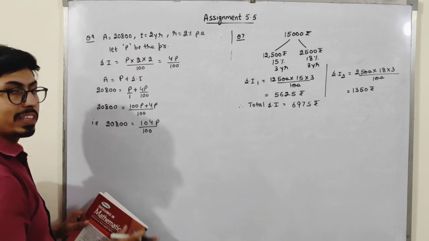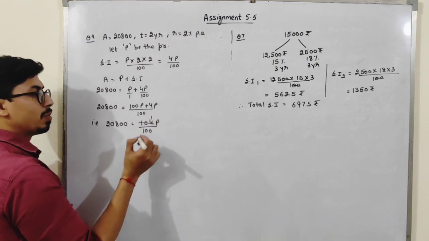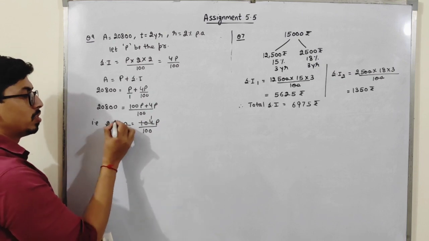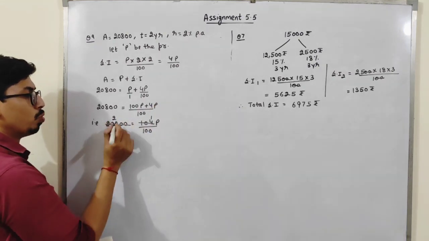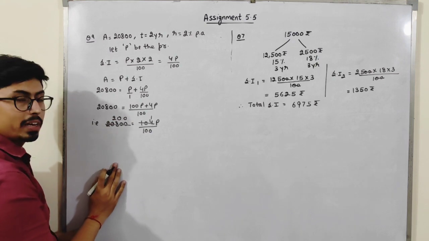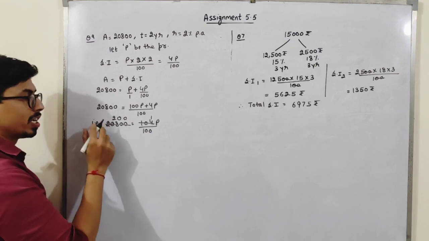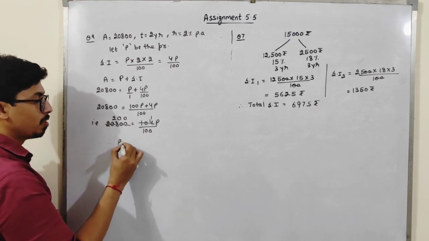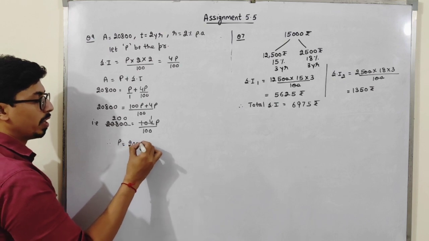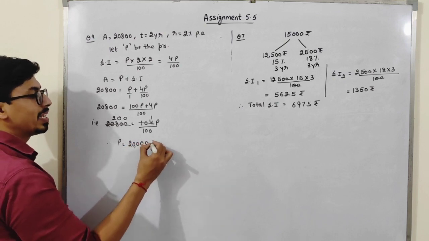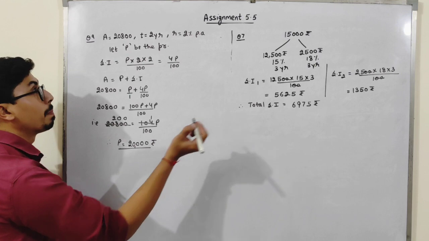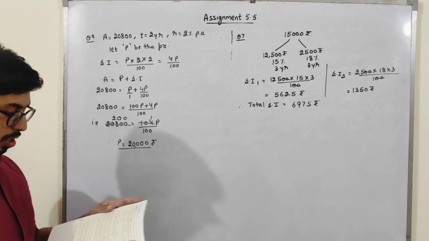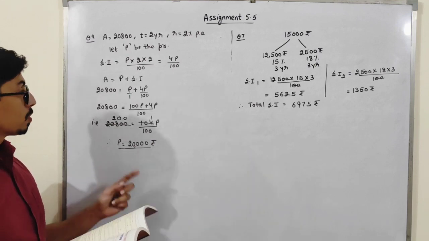If I divide them, students, 104 into 1, 104 into 2 is 208, and these two zeros are already there. This is in division, and when it goes to the other side it becomes multiplication. So P is equal to 20000. That means 20,000 rupees is my principal. Students, this is question number 9.